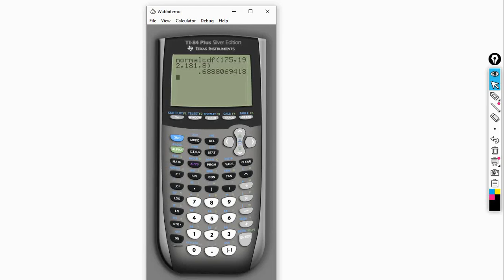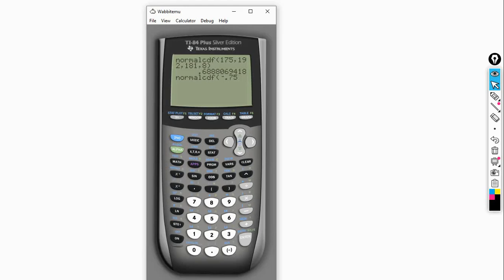Now I'm going to do the same thing, but using the standardization. It's the same function. We go back to distribution and number 2, the normal cumulative distribution function. So the z-score for the lower value was negative 0.75.